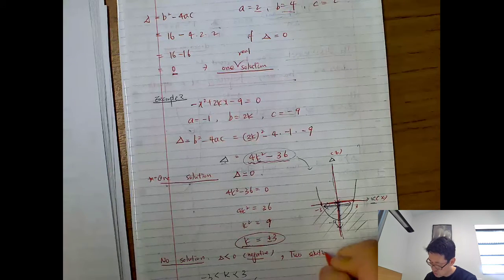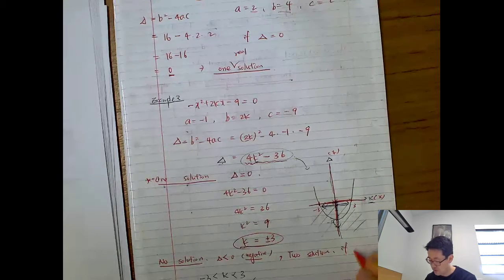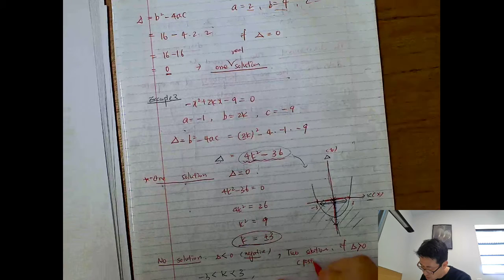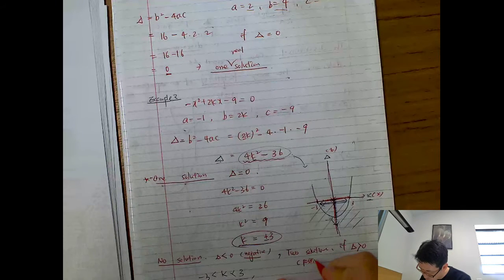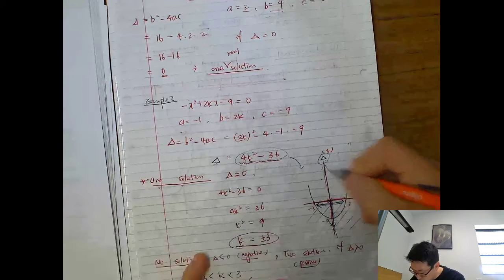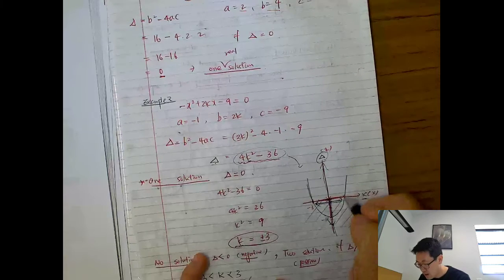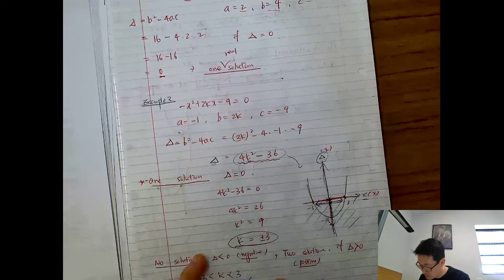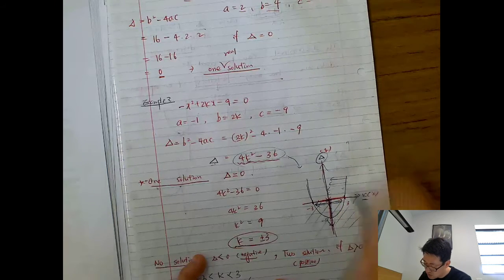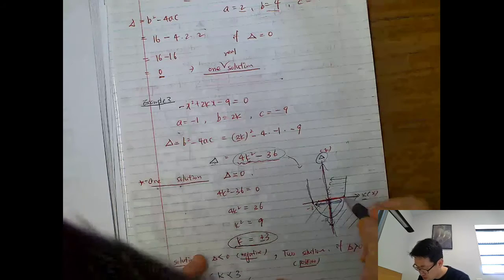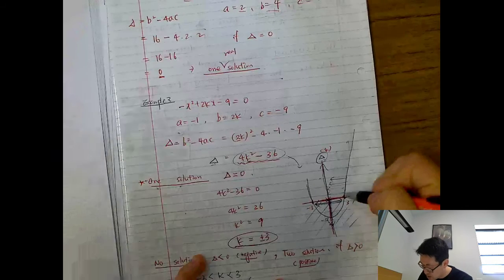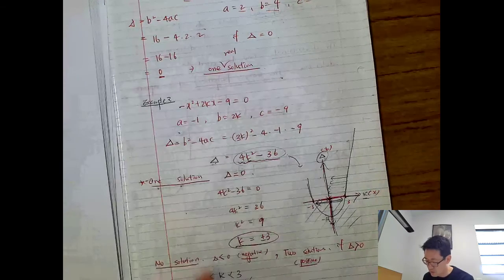And I can do 2 solutions. The condition was if the discriminant is bigger than 0, which means positive. So when is the discriminant positive? When k is bigger than 3, we start to have a positive discriminant.